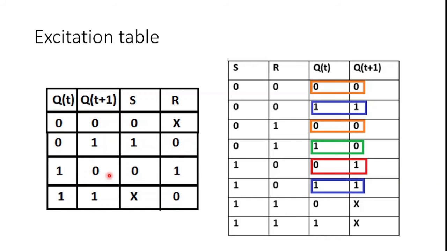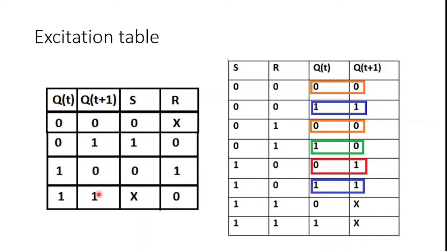And for this scenario, when Qt equals 1 and Qt plus 1 equals 0, like this one, Qt is 1 and Qt plus 1 is 0, S equals 0 and R equals 1, this one.